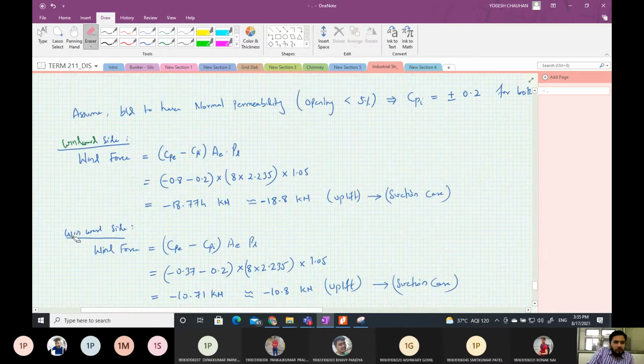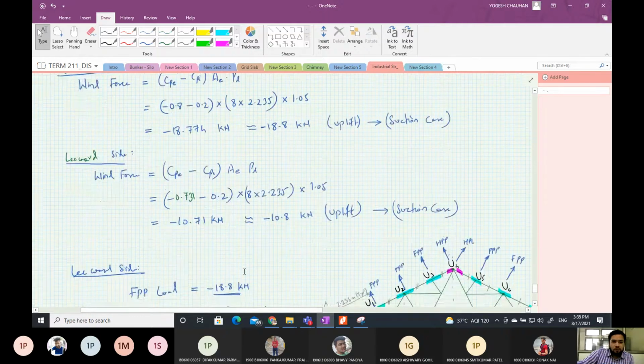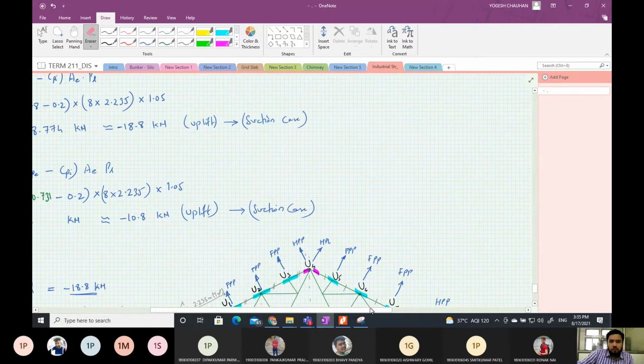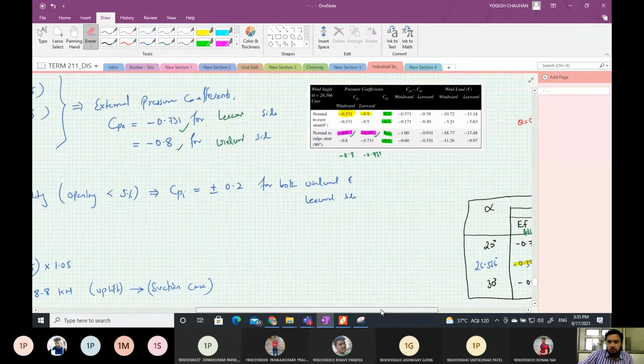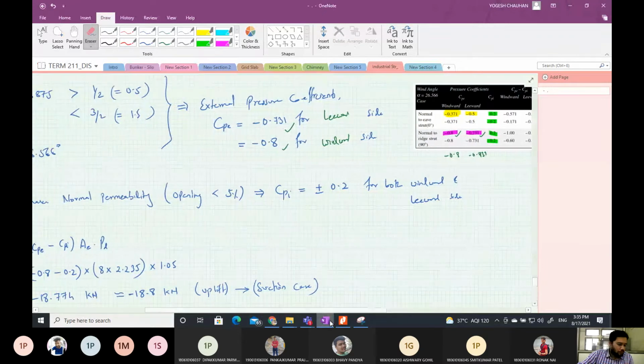Then on the leeward side, this is 0.731. So this value will be 17.48.